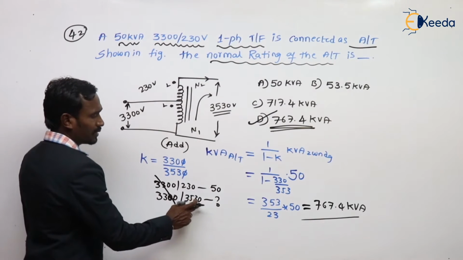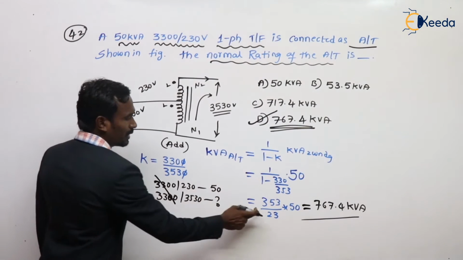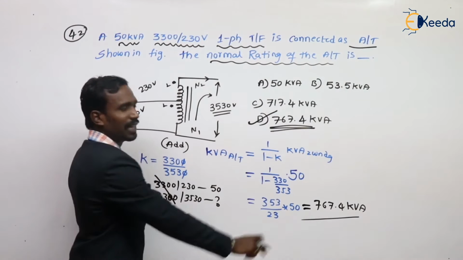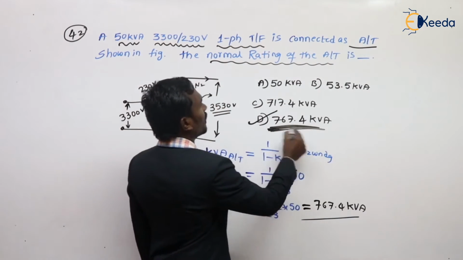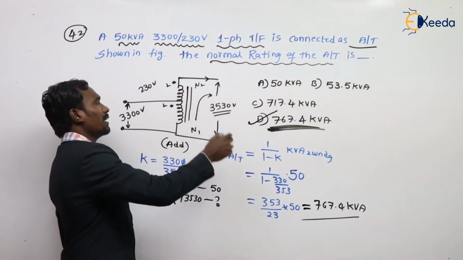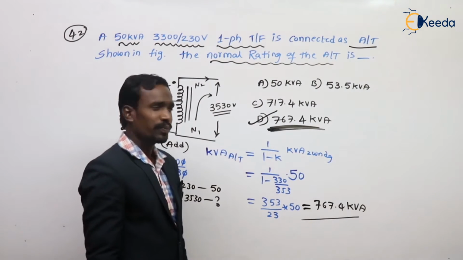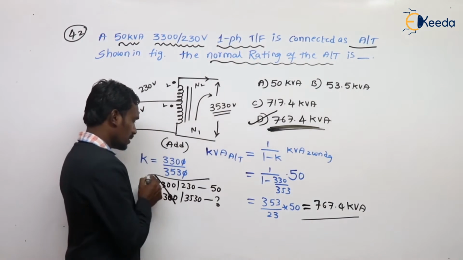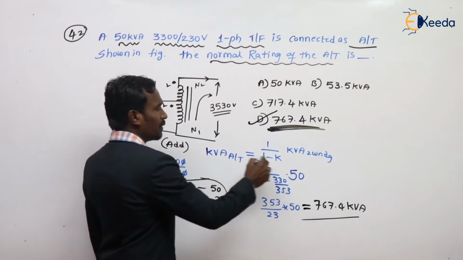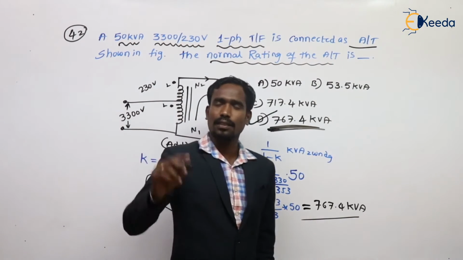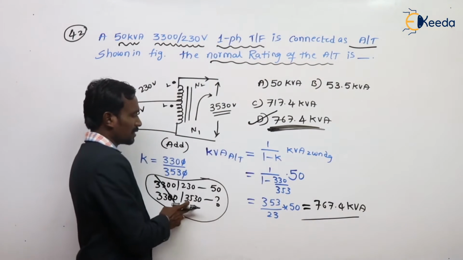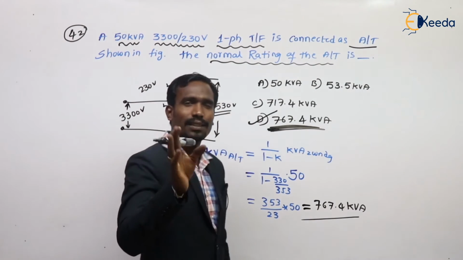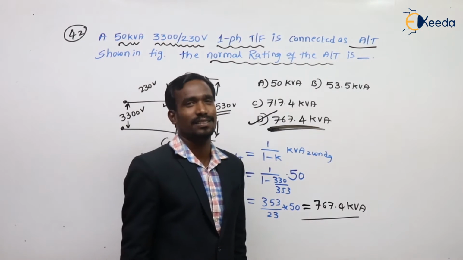So 3530 into 50 by 230 is the same, so the answer is the same. 767.4 kVA is the rating of my auto transformer. This is the shortcut I told you, and this is the formula. By the analysis also you can get the answer, but that is lengthy. With this formula or shortcut, anyone you can use, you can get the answer within a fraction of seconds.